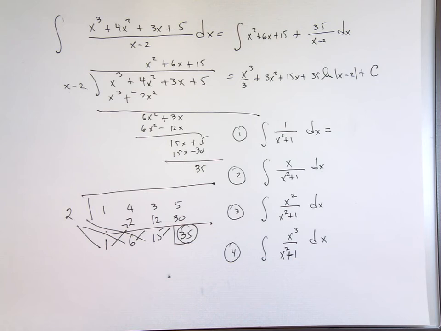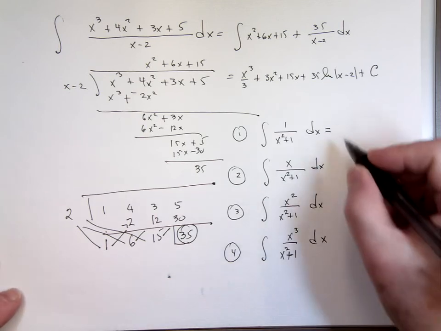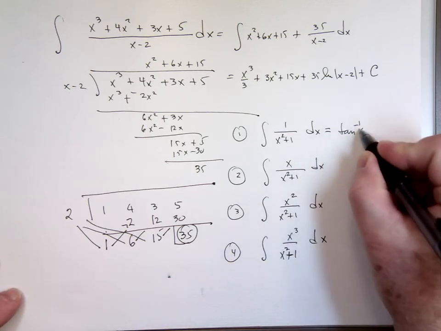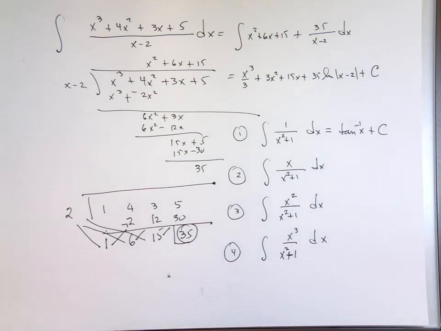You don't have that 2x. You can't do this. It's not a 1 over u du form. This is an inverse tangent form, arctangent, inverse tangent x. We're going to generalize inverse tangent next time, where we're going to have a u squared plus a squared. Instead of a 1, we'll have a constant there. It'll be a pretty easy generalization. But that's inverse tangent, arctangent.